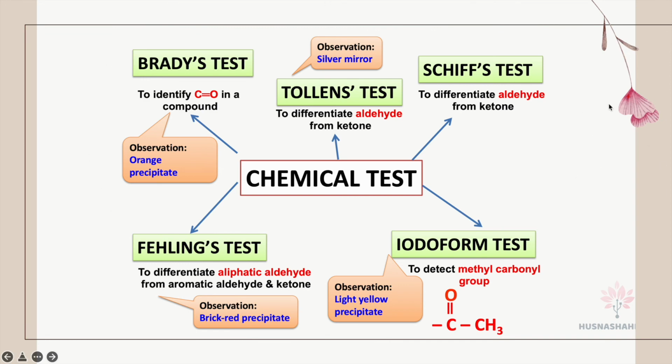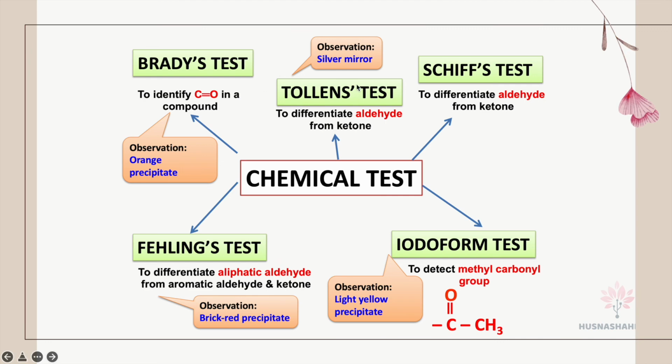These are the summary of chemical tests for carbonyl compounds. Overall, we have Brady's test to identify both aldehyde and ketone, because it only identifies C=O. And then we have Fehling's or Benedict's test, which differentiates aliphatic aldehyde from aromatic aldehyde and ketone, meaning Fehling's or Benedict's test gives a positive result for aliphatic aldehyde.